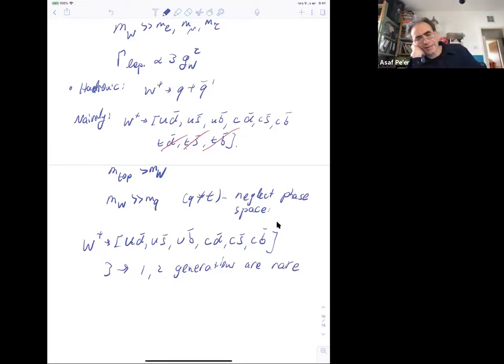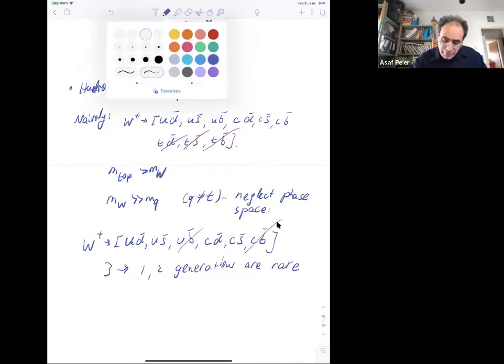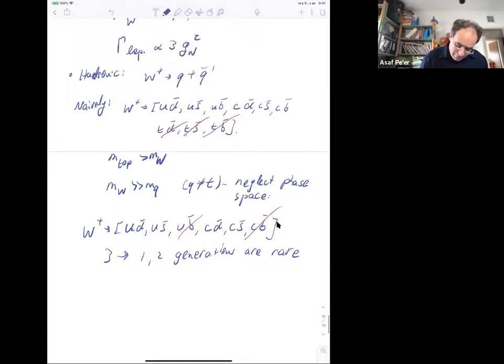So we can neglect this decay into states that involve a B quark and some other quark with a different generation. They never happen. So that means that I can neglect this, and we're left with only 4 options that we can expect to occur: U anti-D, U anti-S, C anti-D, and C anti-S.